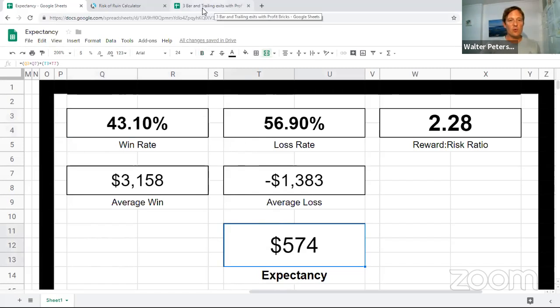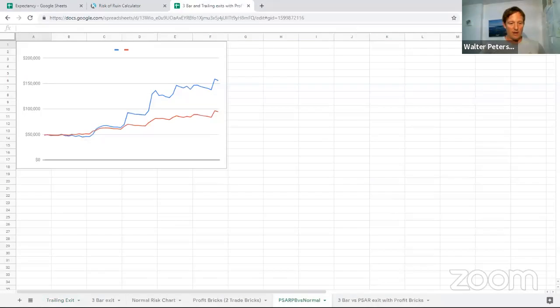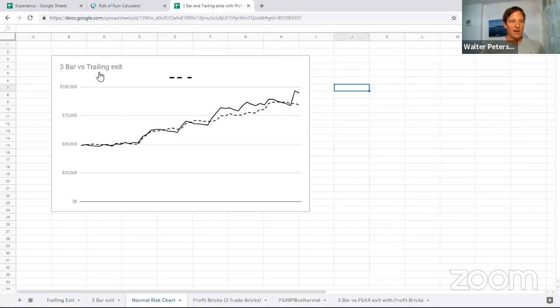Now, here's where the real magic comes in, because what I want to do now is share with you the charts. Okay, so this is a chart. What you're looking at here is actually the 3-bar exit is the dashed line, and then the trailing exit is the solid line.